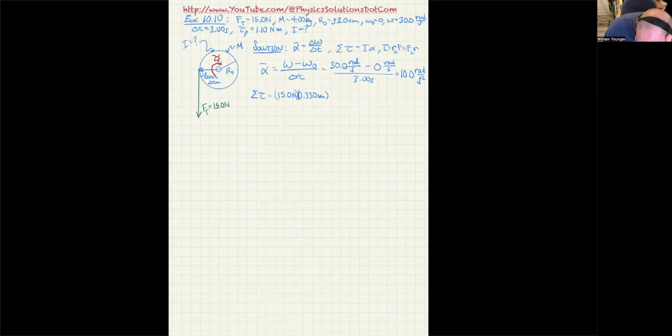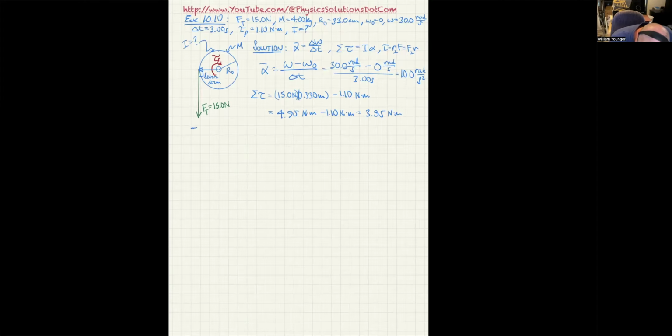And then the other one is going to be minus 1.10 Newton meters, because that's its torque due to friction. And 15 times 0.330 gives me 4.95 Newton meters minus 1.10 Newton meters, which is equal to 3.85 Newton meters. That's the left-hand side.